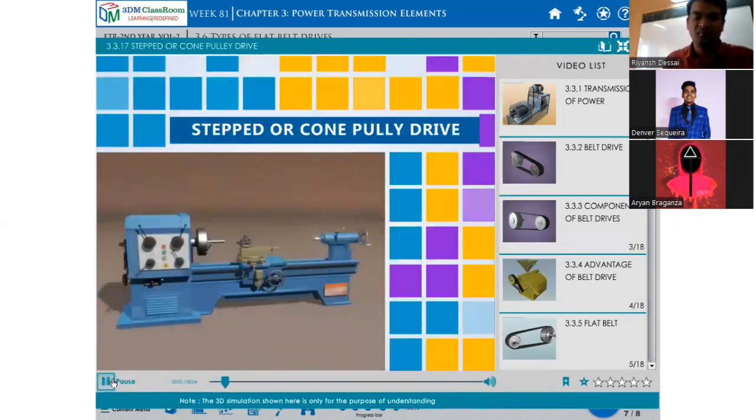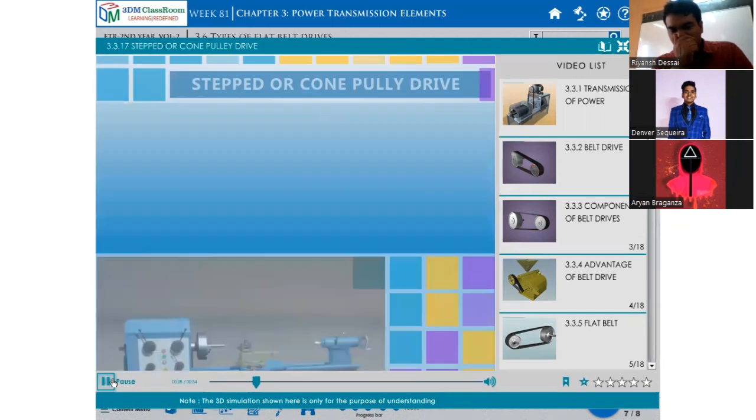Step or cone pulley drive. In this video, we will discuss the step or cone drive and its application.